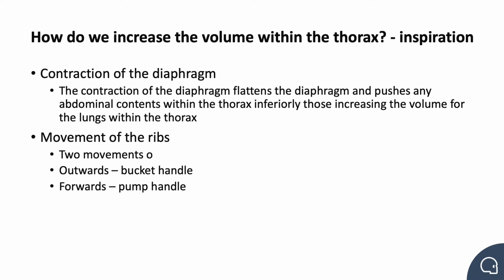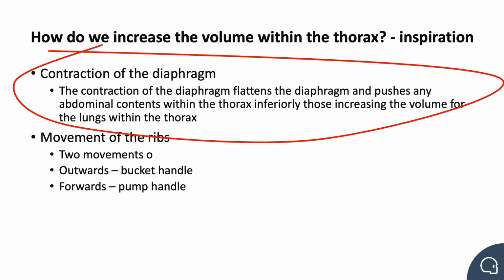So how do we increase the volume within the thorax? Well, there's two predominant movements. The first is contraction of the diaphragm. As the diaphragm contracts, the diaphragm pushes any abdominal contents within the thoracic rib cage inferiorly, thus increasing the volume for the lungs within the thorax.